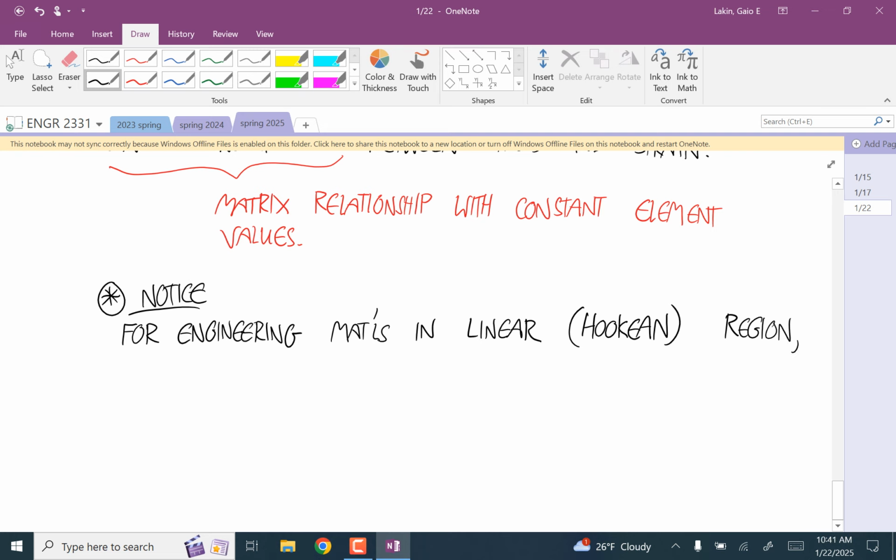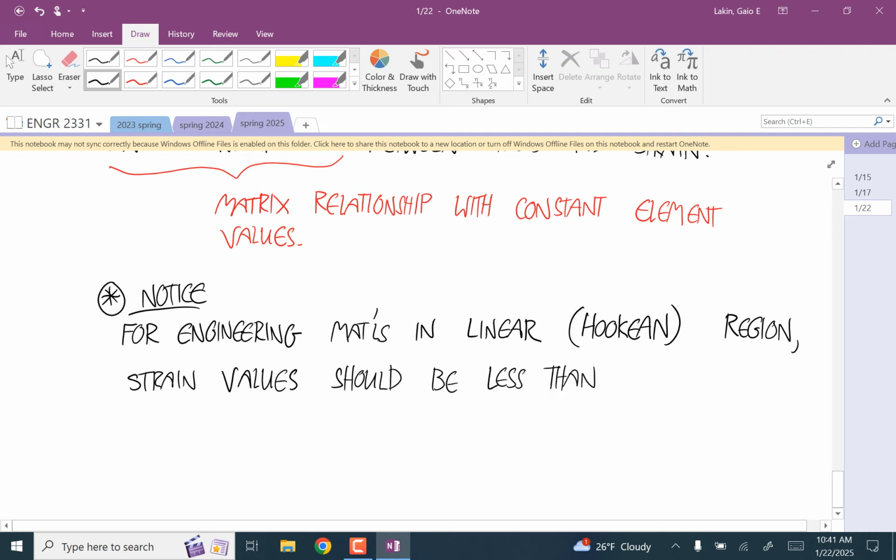That's the linear range of deformations. Strain values should be less than about 10 to the minus 4th.